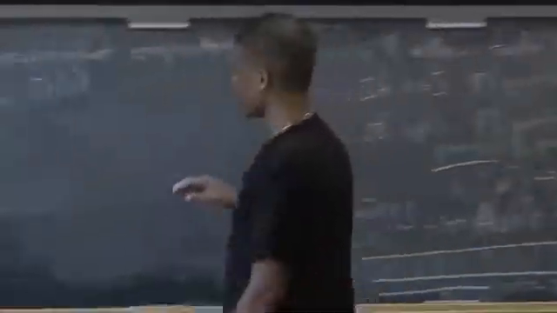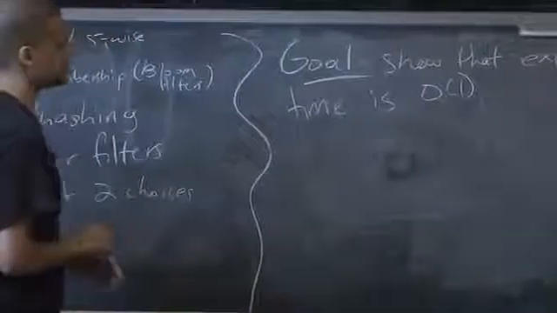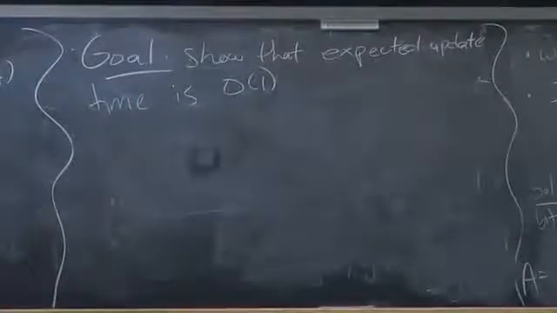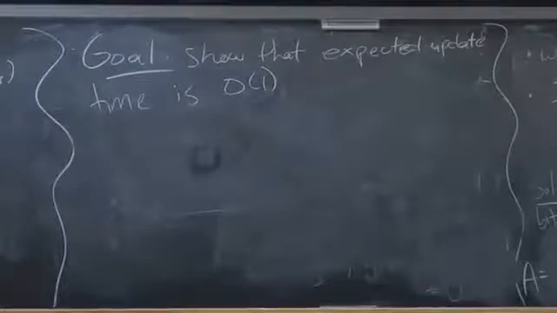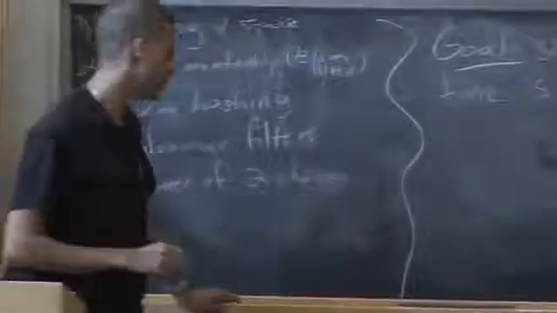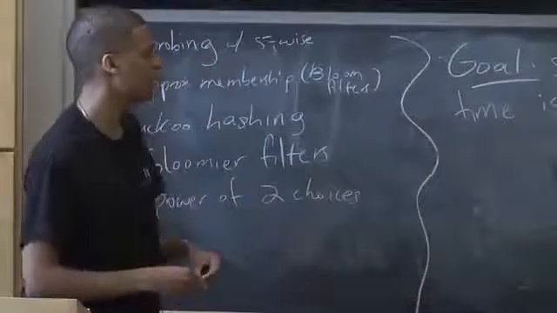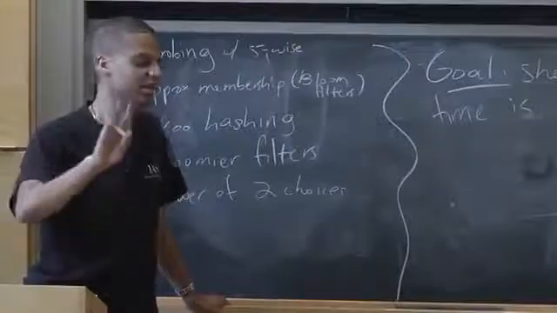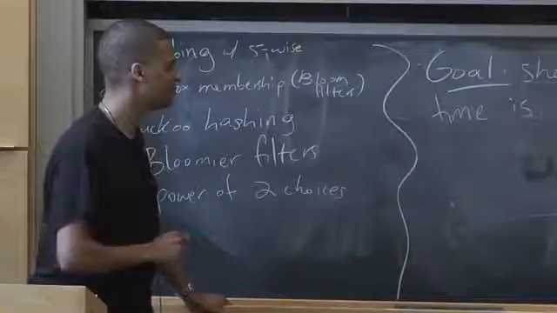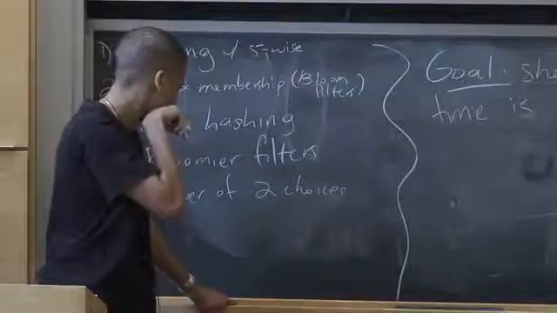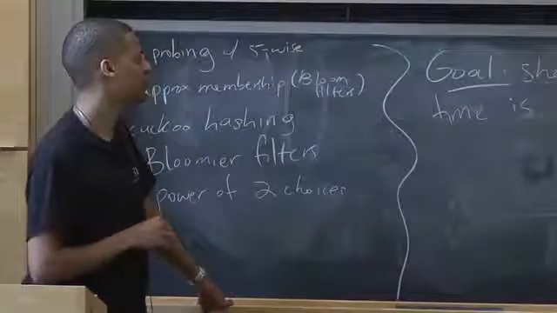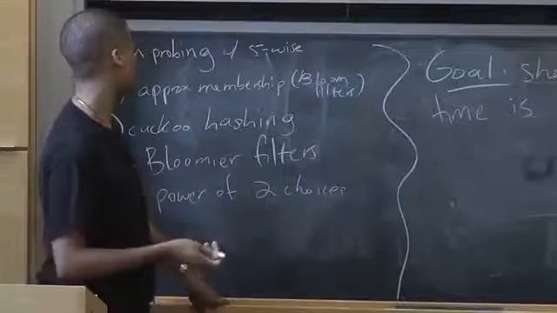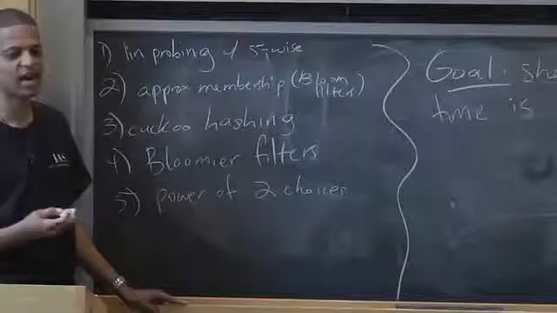Just because there's a cycle doesn't mean we're in trouble. Although if there are 2 cycles, then that's worse for us. What we're going to end up showing is the probability of having 2 cycles. Well, we'll get there when we get there. Okay, so this is what we want to show. Before we show this goal, let me just knock out Bloomier filters. How are we going to use Bloomier filters?